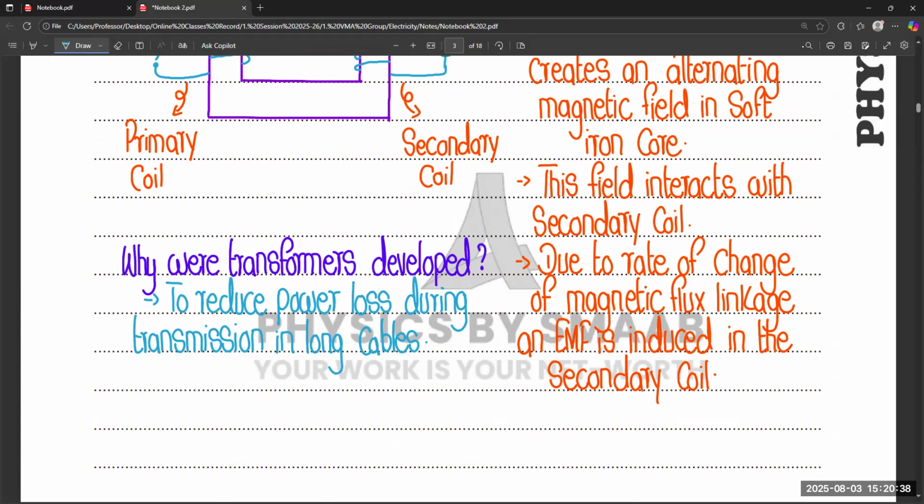And that concept of the transformer we are using to convert high voltage into low voltage or low voltage into high voltage.